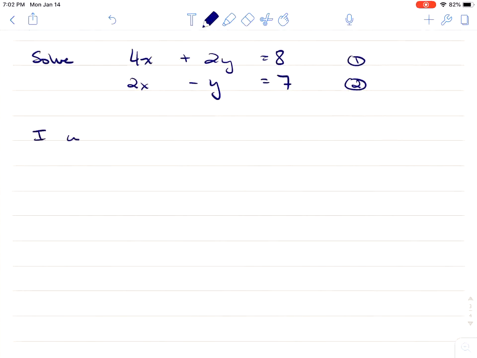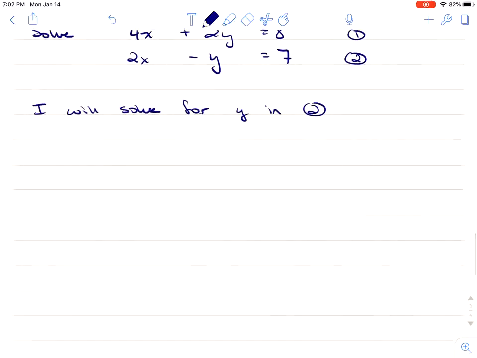So I will solve for y in equation 2. Now I'm focusing on equation 2, which is 2x minus y equals 7, and I'm going to solve for y here.